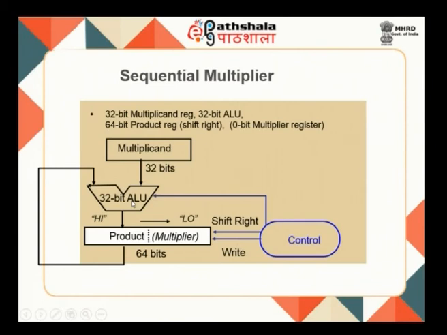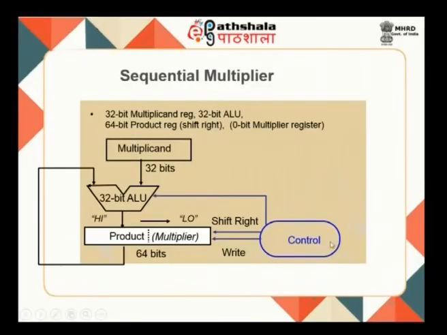Once the first partial product is formed, you do a shift right operation, so that one bit of it moves on to this position in the product register, and the multiplier bit which has already been tested and added appropriately is shifted out. So, the next position what will happen is the multiplier bit that is currently to be tested comes to the least significant bit position.